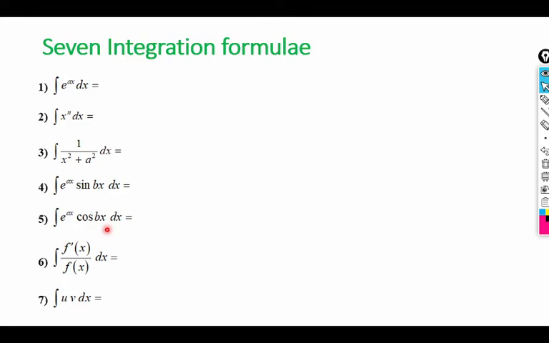Then in properties like division by t property or periodic function property, we require these integration formulae. Not only that, when we have to find the Laplace transform by definition, again we can use these formulas. So roughly in 3-4 types we require these integration formulae, and only these 7 formulas are enough.